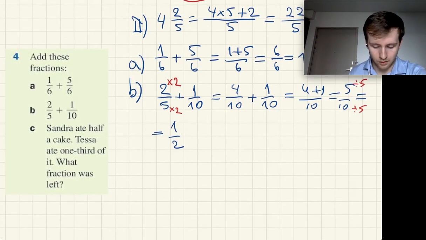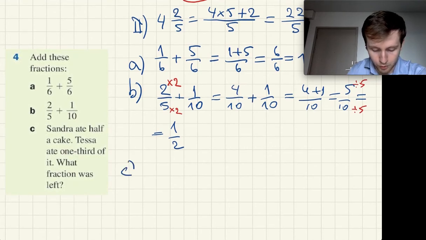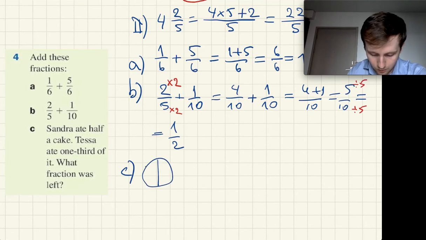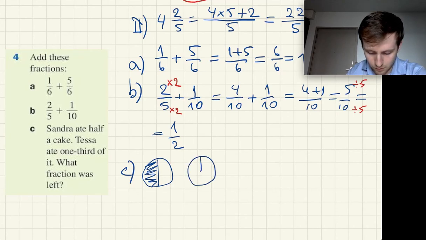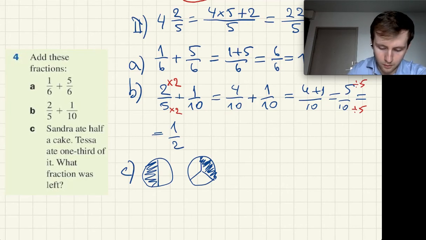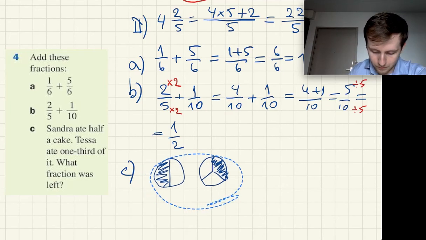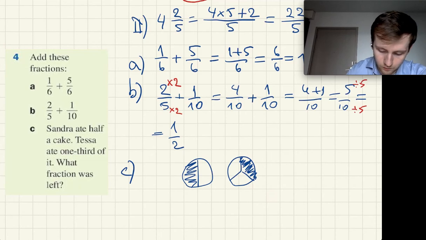Okay, and then finally we have a word problem. Sandra ate half a cake, like this. Tessa ate 1/3 of it, so Tessa ate 1/3 of a cake. What fraction was left? So what we have to do is take the whole cake, which is like this, right?